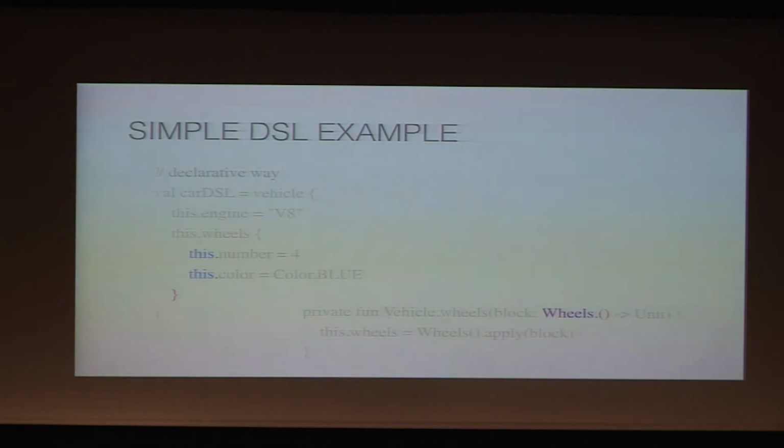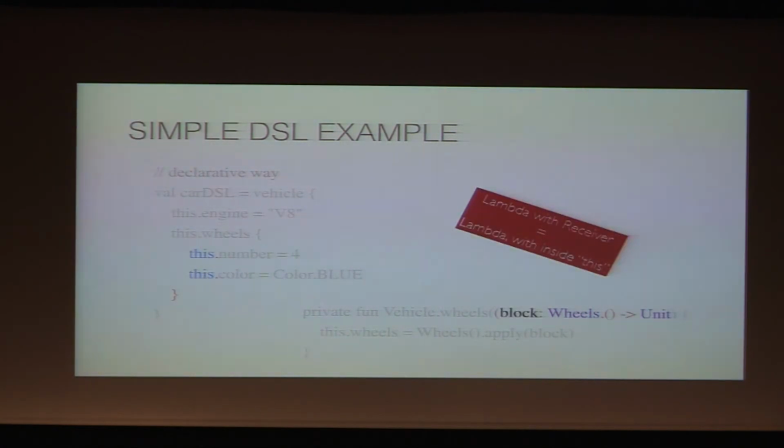A little bit of mixing extension functions and lambdas with receivers, but we get to the point. So just to clarify, a lambda with receiver is a lambda with this inside. That's it. I just hope that I managed to simplify it for you guys.